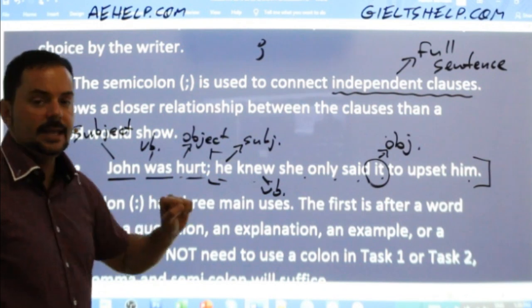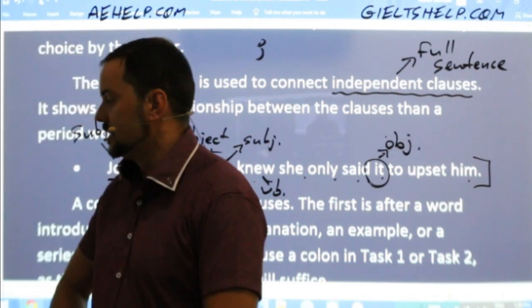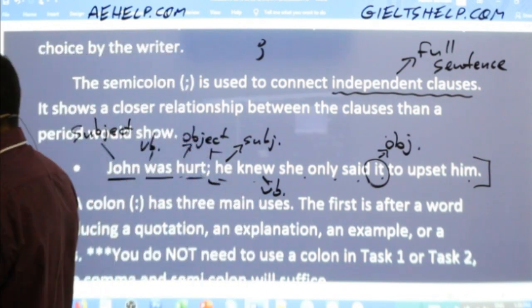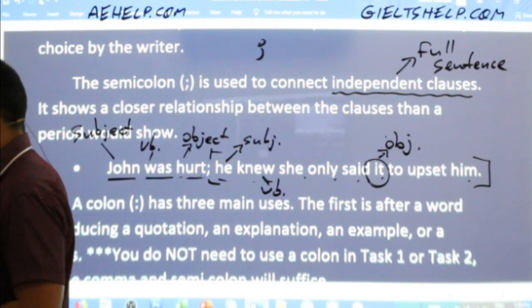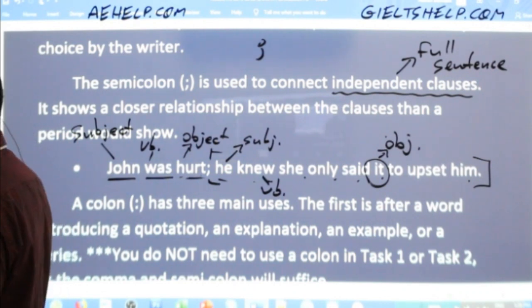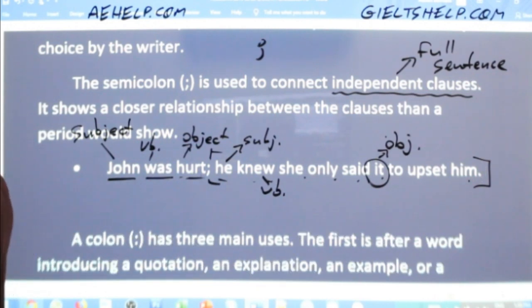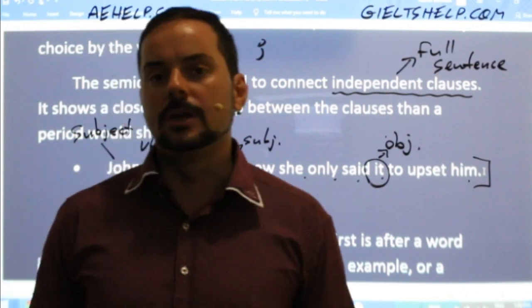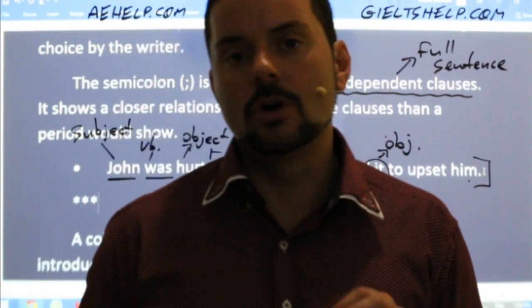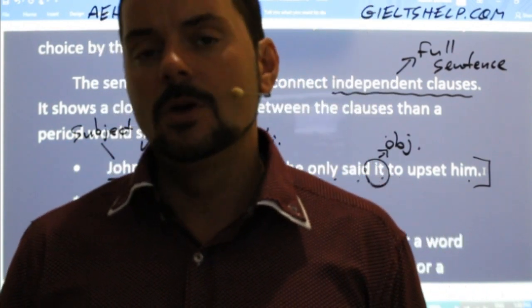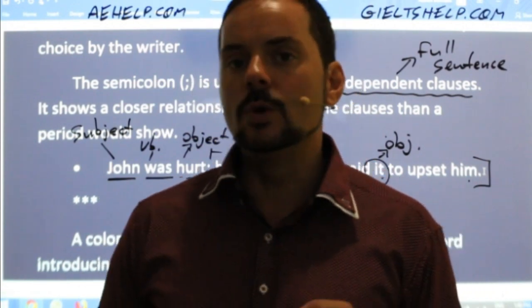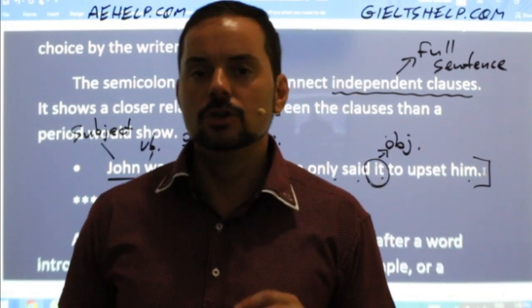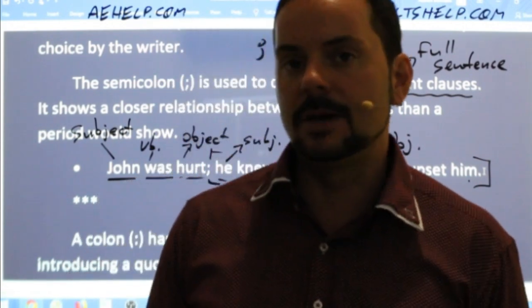Now, the key here, students, and it's very important to remember this, is that they have to be strongly related, like in this situation here. The most common mistake with the semicolon is that students or authors use it when the connection is weak or it's just neutral between the two independent clauses.